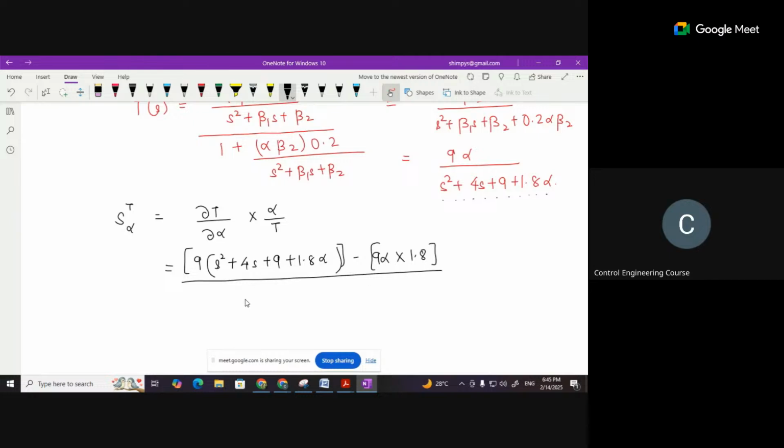Whole divided by s square plus 4s plus 9 plus 1.8 alpha whole square, correct, into alpha by t. So if I see this t in the denominator, here in the numerator I'll be having s square plus 4s plus 9 plus 1.8 alpha, and in the denominator I'll have 9 alpha. Correct?